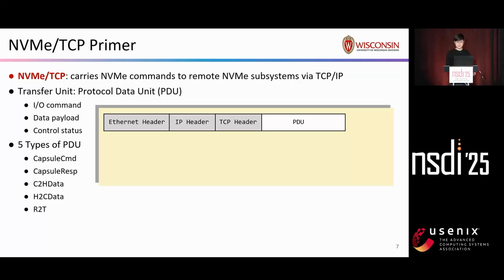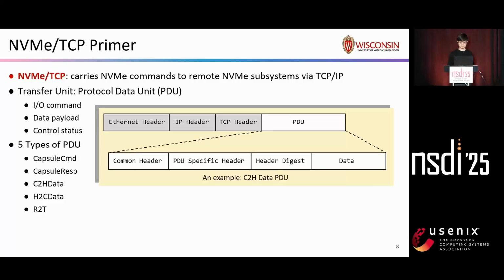PDU is the basic data transmission unit in NVMe over TCP. A PDU can carry I/O commands, data payloads, or control status. There are 5 types of PDUs in total to transfer data. Here is an example of a PDU that carries the data sent from the storage node to the compute node.